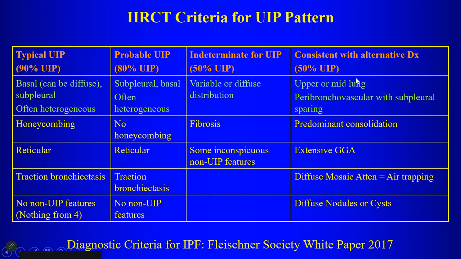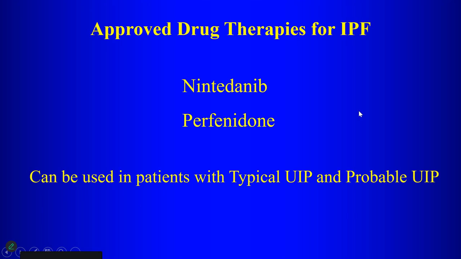And even if you think it's something else, 50% of those patients can still have idiopathic pulmonary fibrosis. Right? So what are those features that would lead you to an alternative diagnosis? If there's consolidation, extensive ground glass opacity, extensive air trapping, diffuse nodules or cysts.